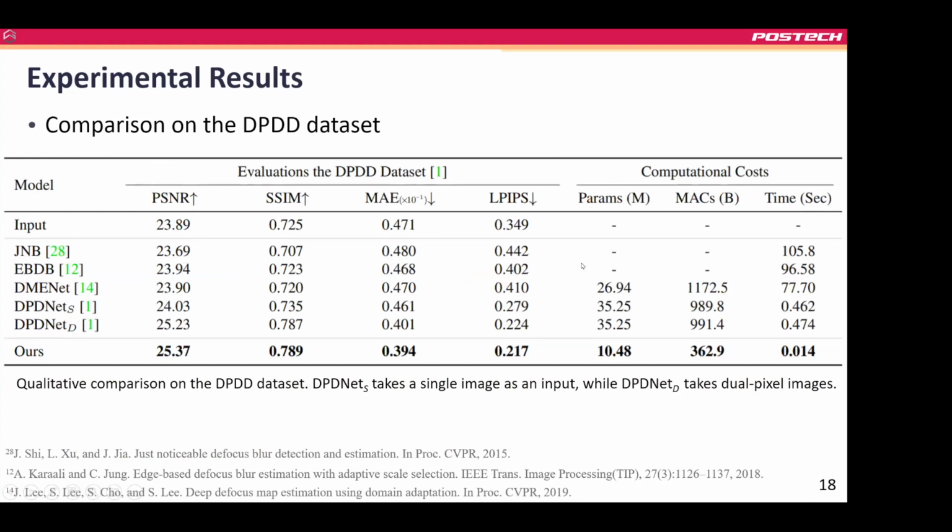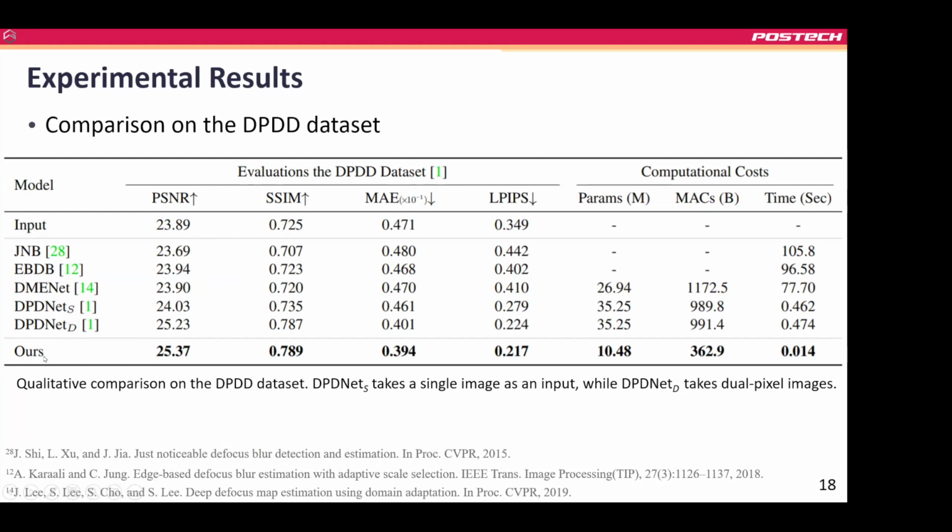This is a comparison with previous work. You can see that our network achieved the best performance. Interestingly, this DPD-Net-D is using dual pixel, which means stereo pixel images, for defocus deblurring. But our network uses only a single image.